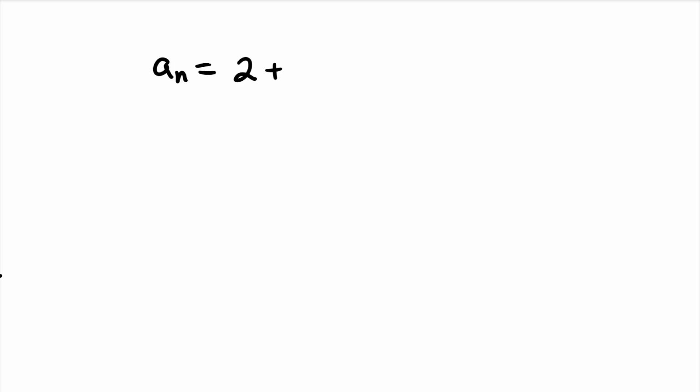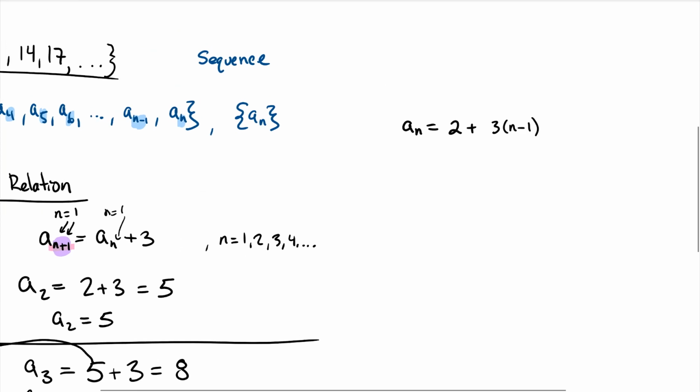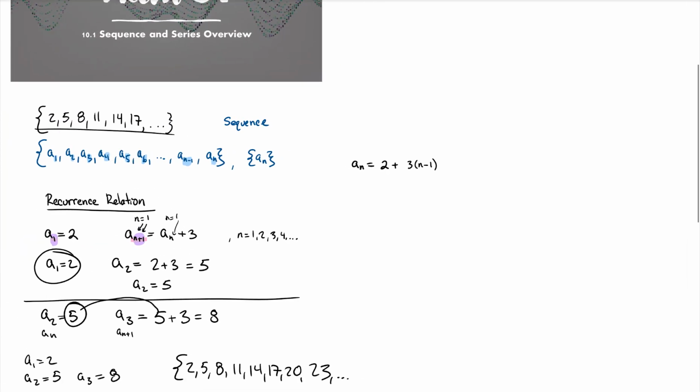And I claim it to be 3 times n minus 1. Well, would that work with those numbers we have? Let's just see. And these are the games, it seems like I'm just kind of pulling it out of nowhere. And I kind of am.